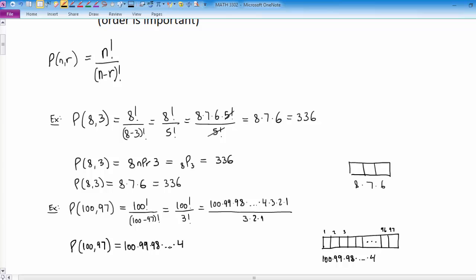So you have 97 factors here in this multiplication. Now this seems to be complicated, but this will actually help you remember the formula.